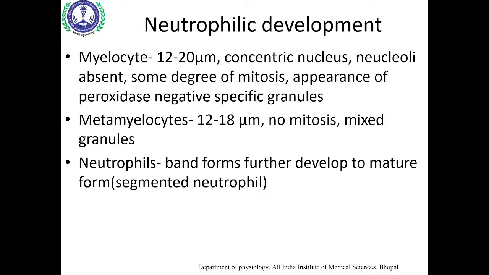So most of the time the maximum percentage of cells is of 2 to 3 lobe neutrophils, right? But in case of hypersegmentation, the number of cells with higher number of lobes, that is 5 and 6, will increase, right? Their percentage will increase.